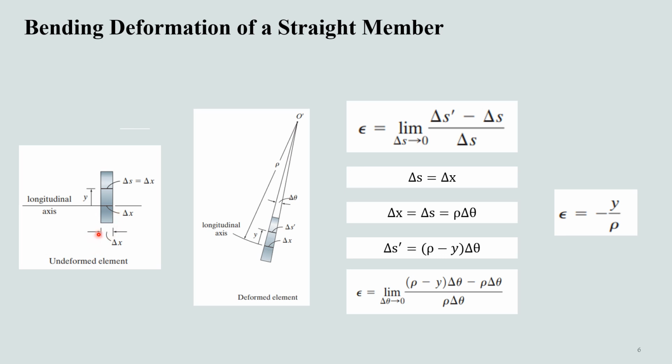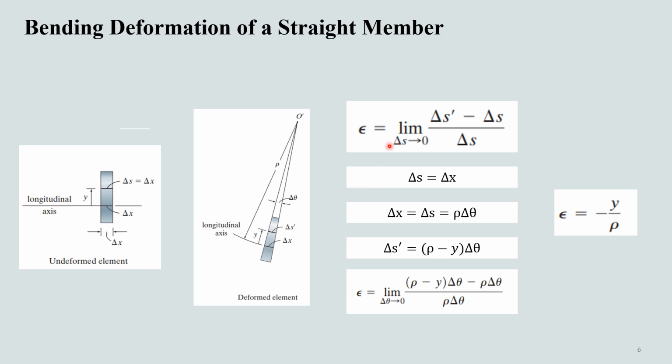The difference between the undeformed and deformed state is that any segment above or below the neutral axis changes its length in the deformed state, but the length on the neutral axis remains the same. This del x is the same as this del x, but this del s, which is located above the neutral axis, has contracted, and it is now del s dash.